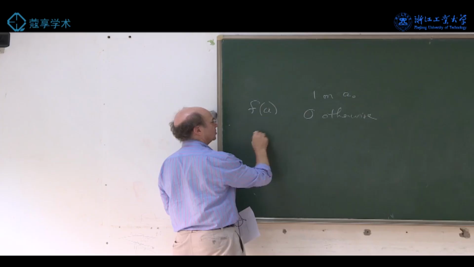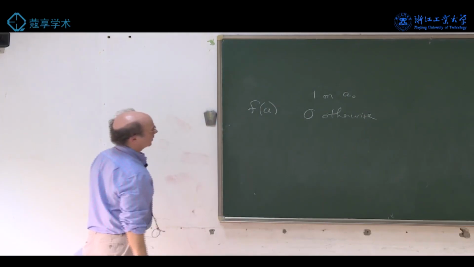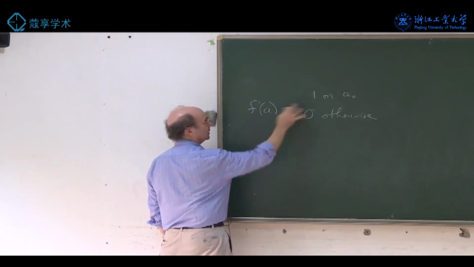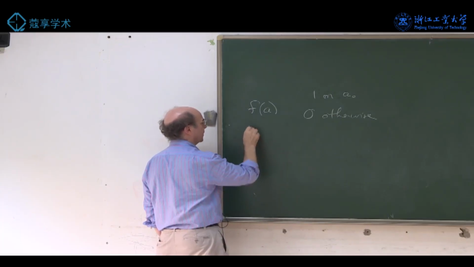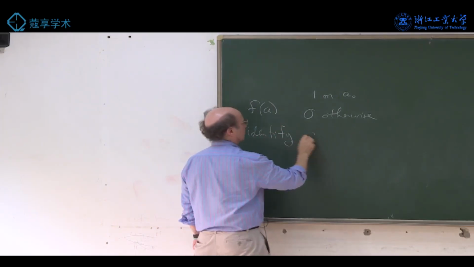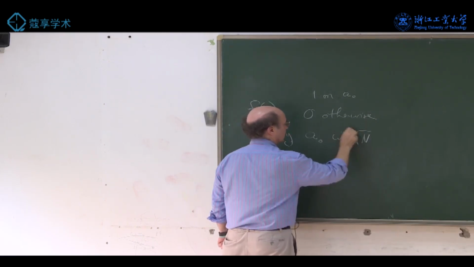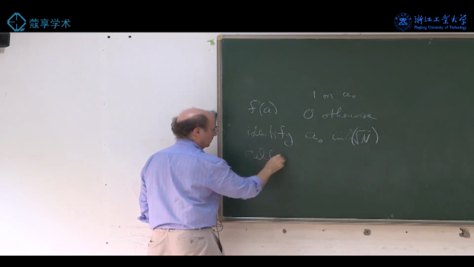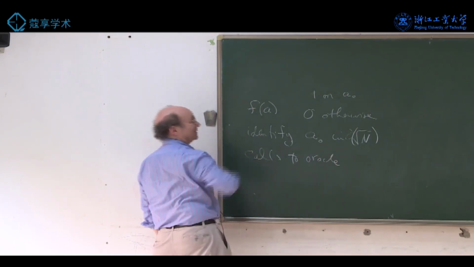And showed how, if we had an oracle, a quantum circuit that enabled us to compute this function, then we could identify the value of a0 with order square root of n calls to the oracle. So that was last time.